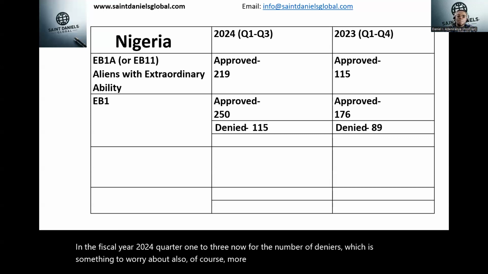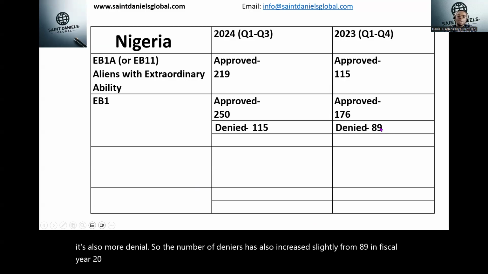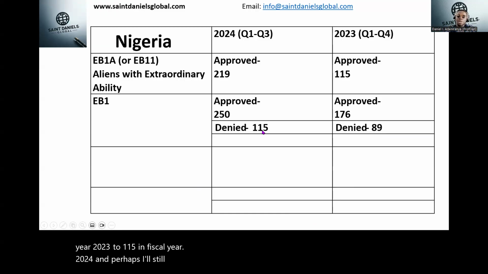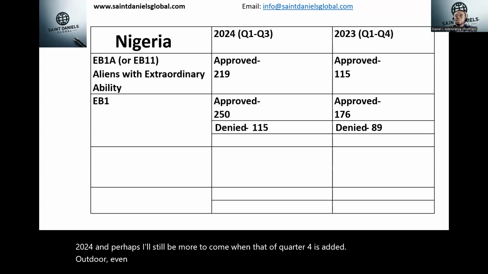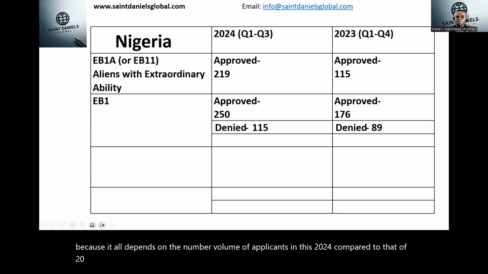When more people apply, with more applications, we also see more denials. So the number of denials has increased slightly from 89 in fiscal year 2023 to 115 in fiscal year 2024, and perhaps there will still be more to come when quarter 4 is added. Even though the approval rate still seems high, we can't really say, because it all depends on the volume of applicants in 2024 compared to that of 2023.